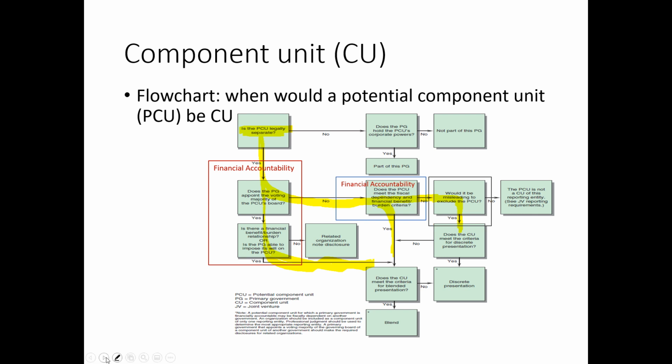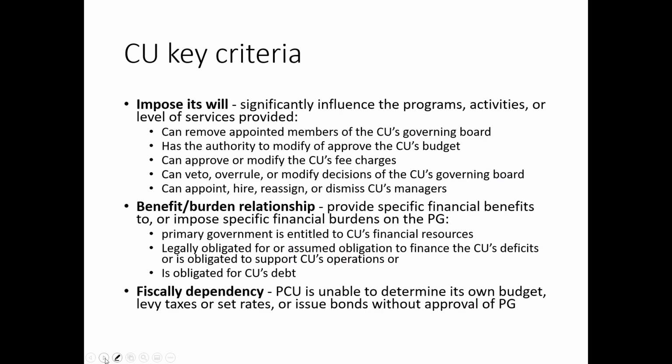So let's get to those concepts, those questions we are asking. What does it mean by impose its will? It means that the primary government can significantly influence the program activities or level of service provided by the PCU.